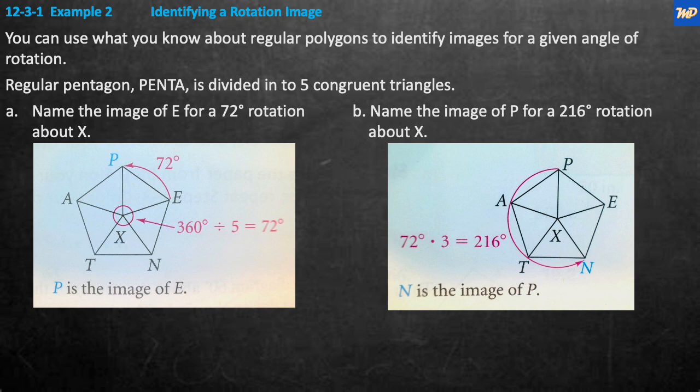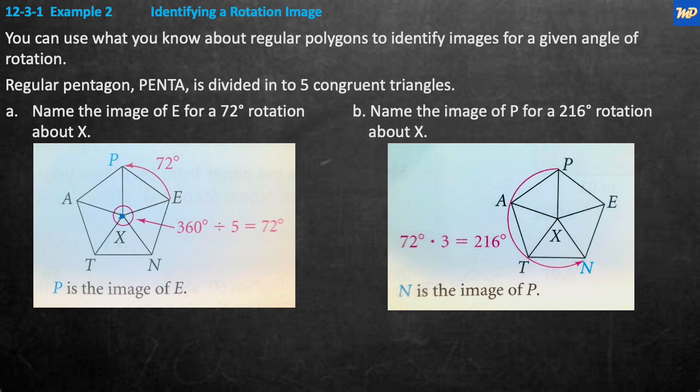So now you're up to speed on what we're looking at: a pentagon, 5 angles, 5 lines, 5 radii. Okay, and the letters P, E, N, T, and A. So it says name the image of E. Now they want you to find the image of E for a rotation of 72 degrees about X. Well, this rotation is about the center point, and they want to know the image of E. That means that E is the pre-image, right?